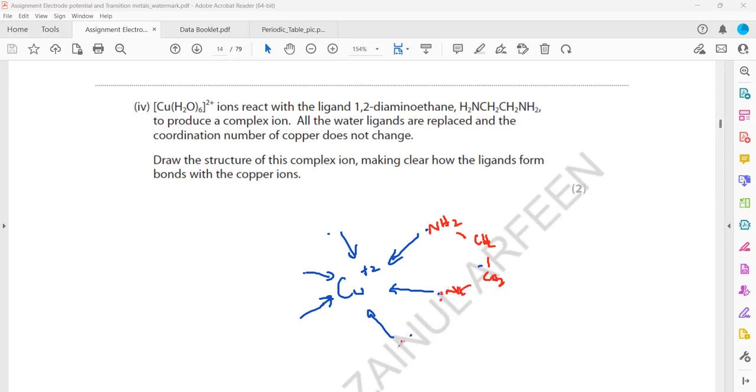Then this one is NH2, then CH2, then CH2, and then NH2. And this one also NH2, CH2, CH2, and then NH2. This was the structure.